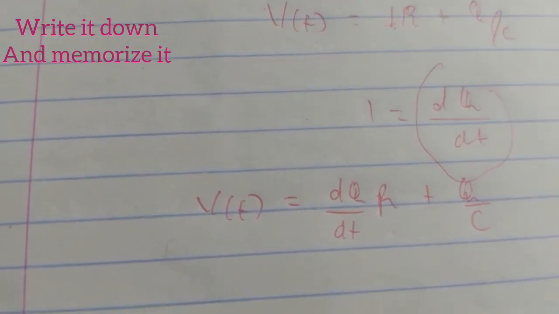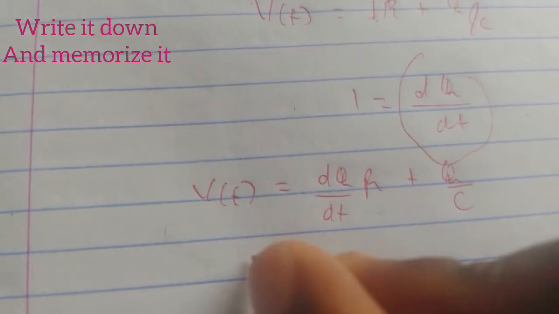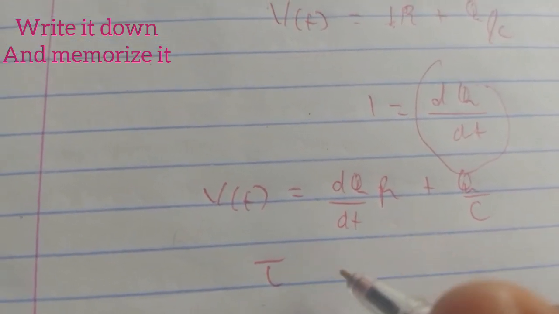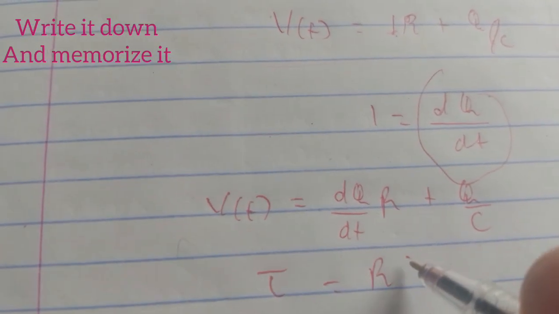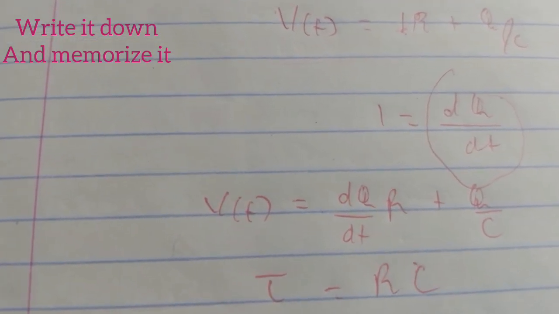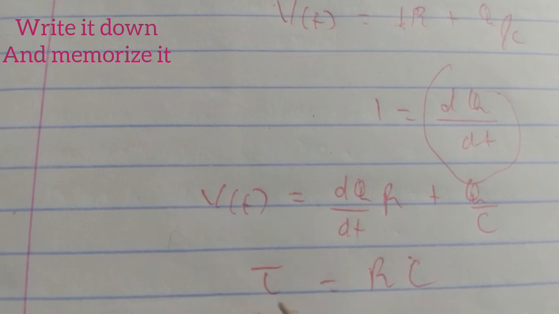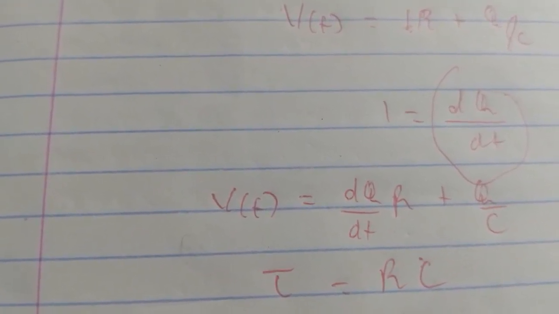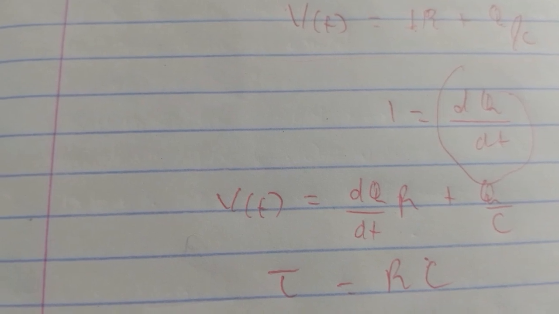Now another equation you have to put in your mind is this: the time constant tau is equal to RC for an RC circuit. The time constant determines how fast a capacitor charges.